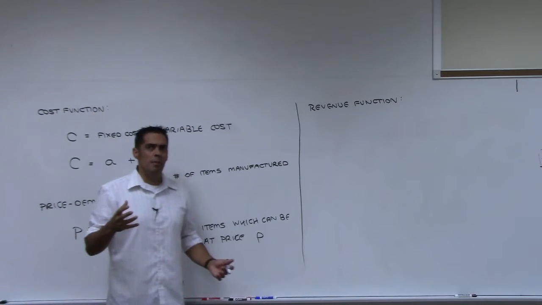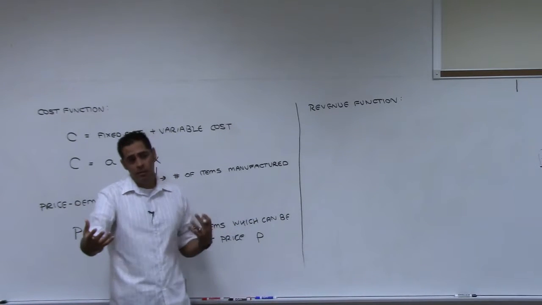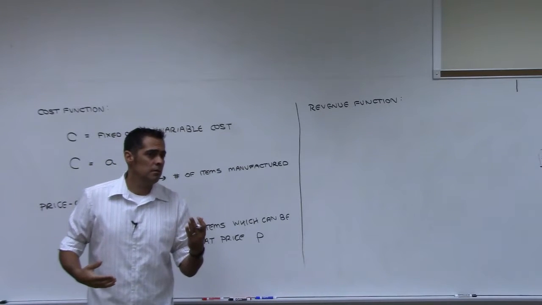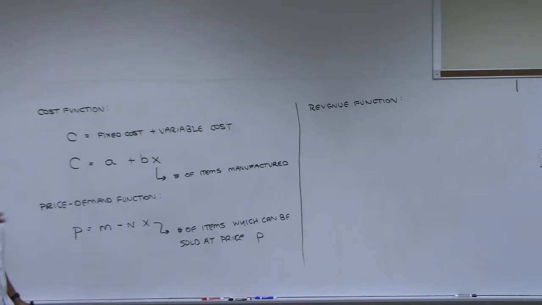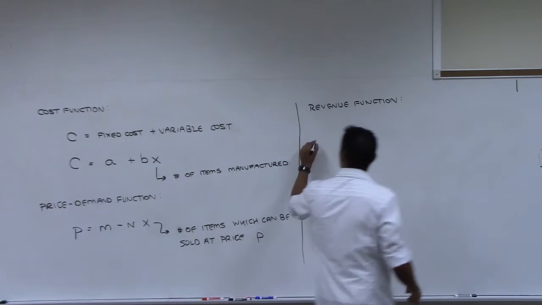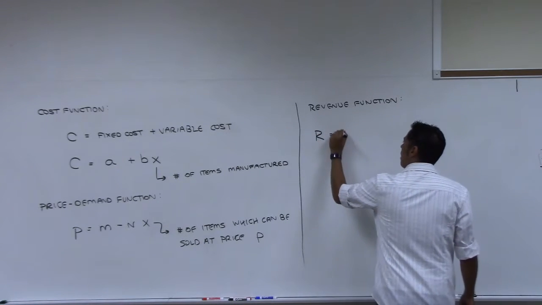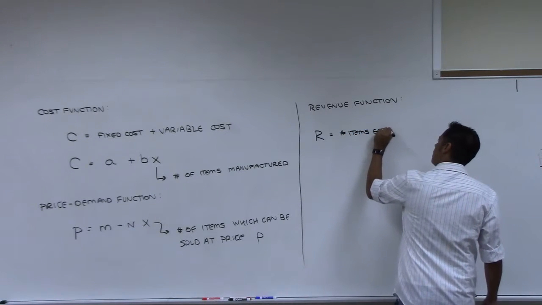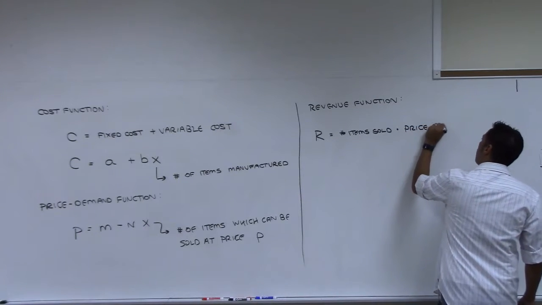So remember, you have money going out as a business, right? That's your costs. You have money coming in. That's your revenue. The difference between the two is your profit. All right? So this revenue function is just the money coming in. And we can actually write it this way. Wouldn't it be the number of items sold times the price per item?